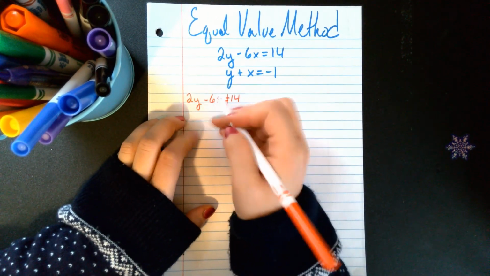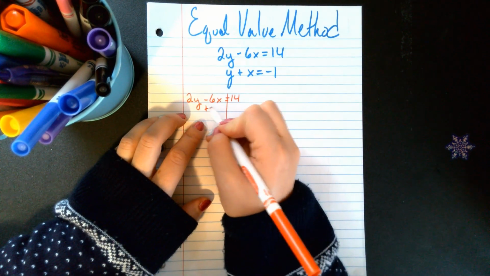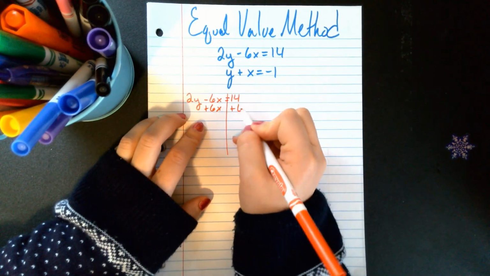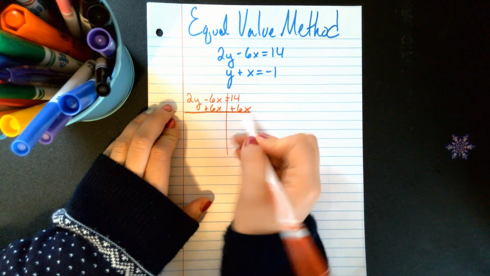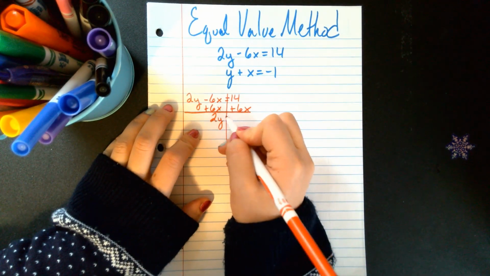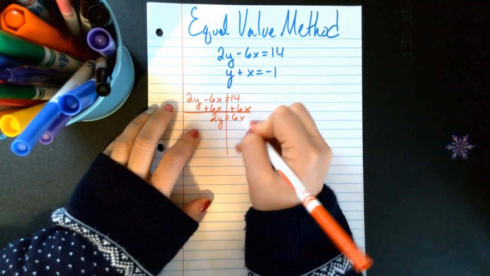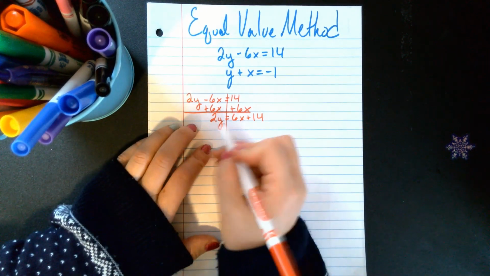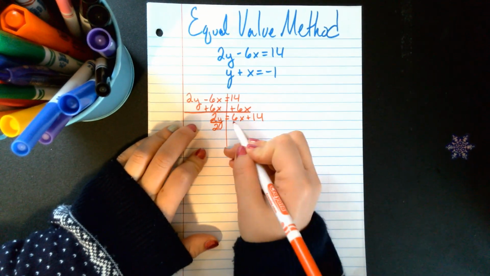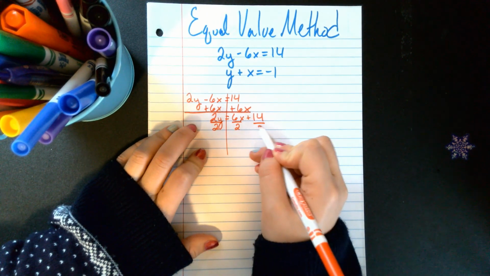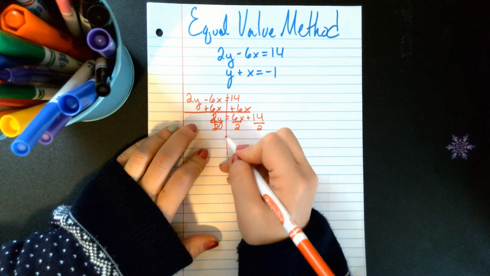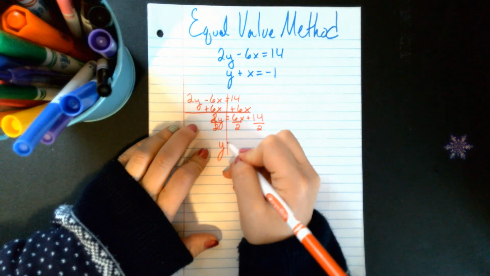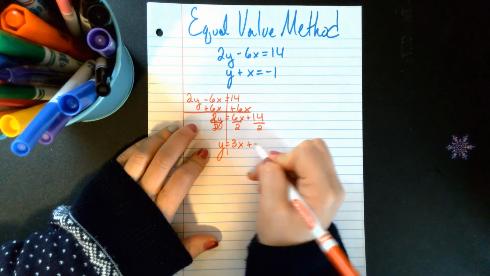So if I want to get y by itself, this 6x right here is bothering my y, so I'm going to move it over here. Then I have 2y equals 6x plus 14, or 14 plus 6x, either one works. And then I'm going to divide everything by 2, and I end up with y equals 3x plus 7.